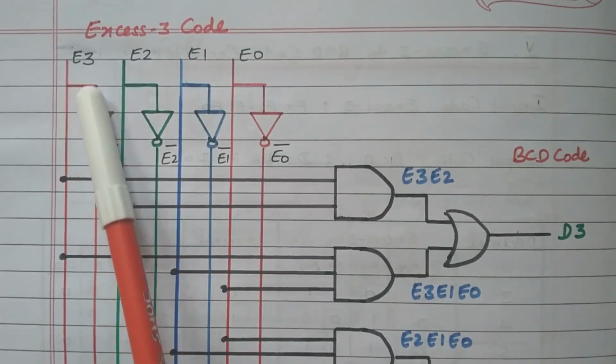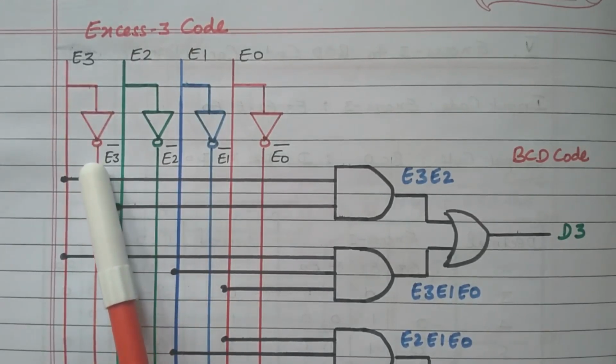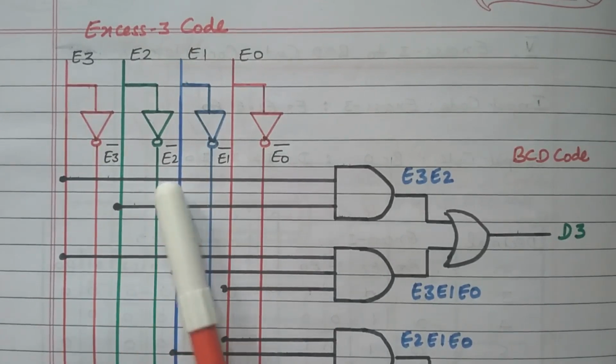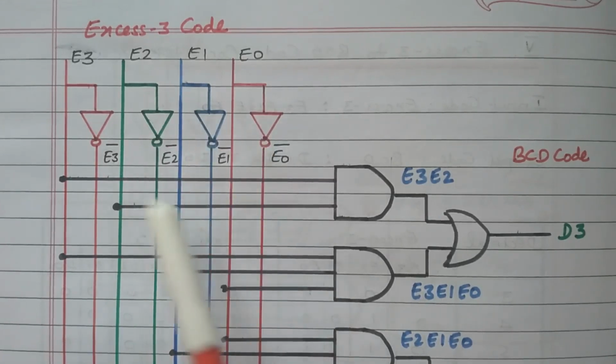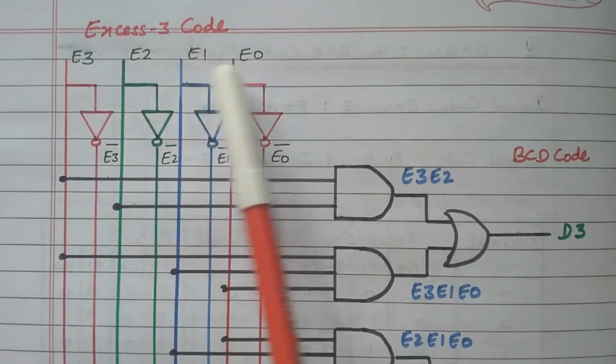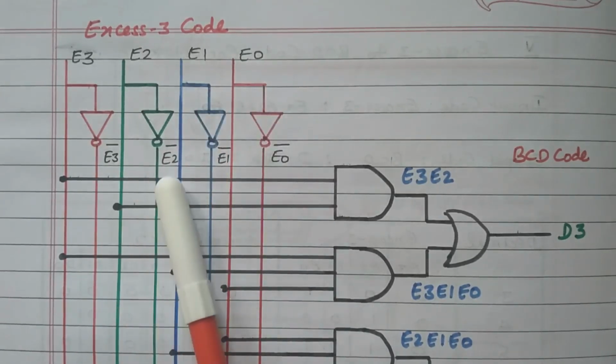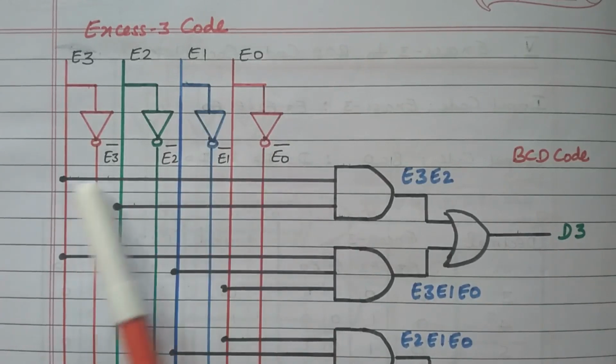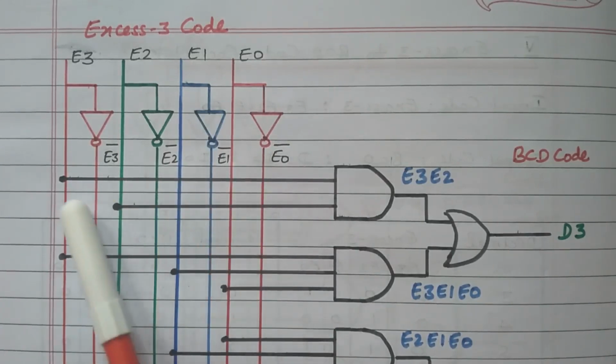From E3 the tapping is taken and connected with one NOT gate, so that we get E3 dash. Similarly we have E2 dash, E1 dash, E0 dash by connecting NOT gates. So there are 8 possible inputs available here, E3, E2, E1, E0, E3 dash, E2 dash, E1 dash and E0 dash. Whichever we require, we can connect as per our requirement, either this value or this value, right?